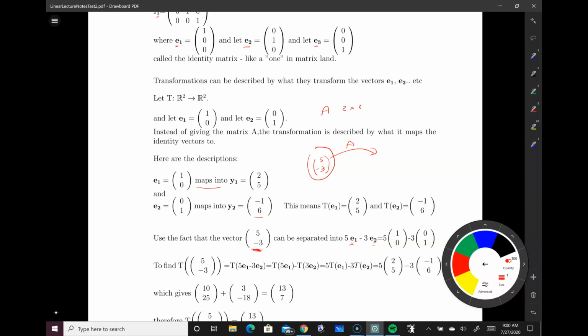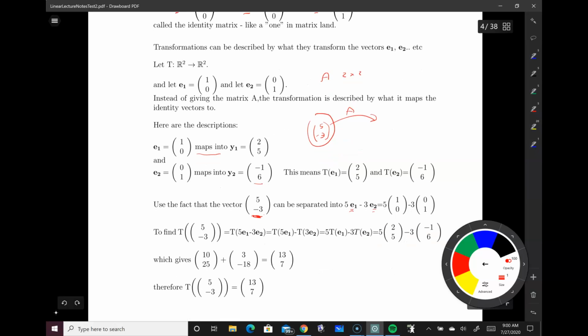All right, so then I'm going to do the transformation on 5, negative 3, right? Because I don't know what the matrix A is, but I can see what it does to the identity vectors, E1 and E2. So since I know it's a linear transformation, I can split it up around the addition or subtraction. So I split it up around the subtraction here. And then I'm going to pull this number 5 on the outside of the transformation.